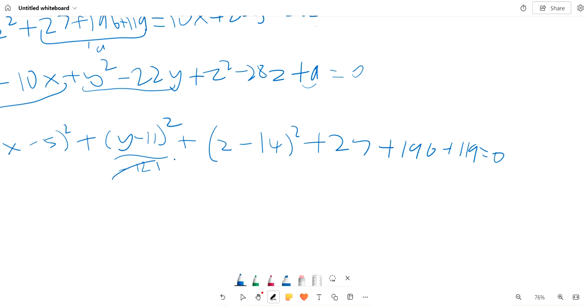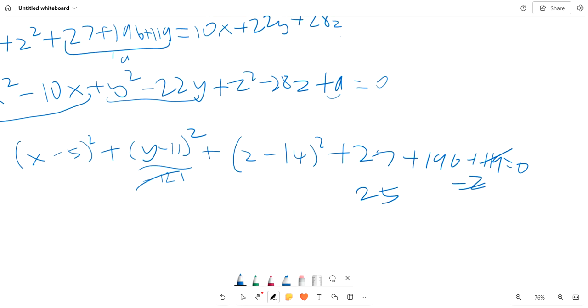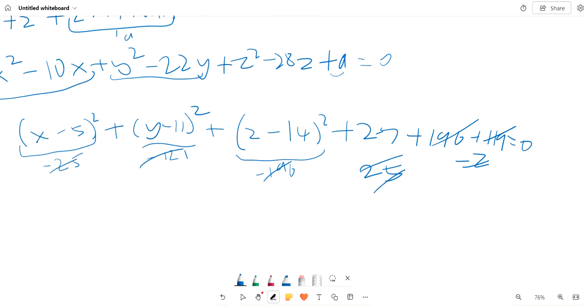So we'll subtract it from here, 121, we can subtract the 119, we still have 2 left over, so we have minus 2, and we subtract here, so we have 25 plus 196 left. Over here, we forgot to subtract the 196, and we'll do that, and for here, we subtract the 25, and so we have that. So now all the debt is cleared, and now we just have equal 0.